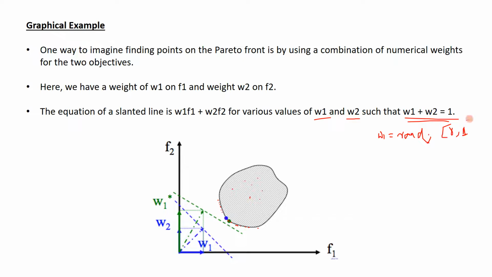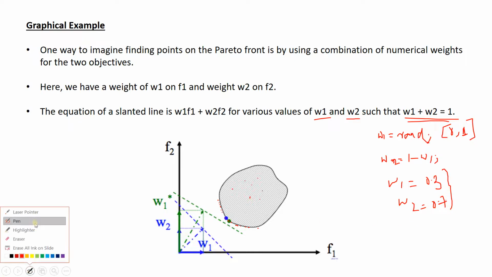That means any random value between 0 and 1 will be allotted to W1, and W2 will be written as 1 minus W1. Suppose W1 is 0.3, then W2 will be 0.7. It may change in the second iteration. If you want to keep them fixed, you can keep them fixed.